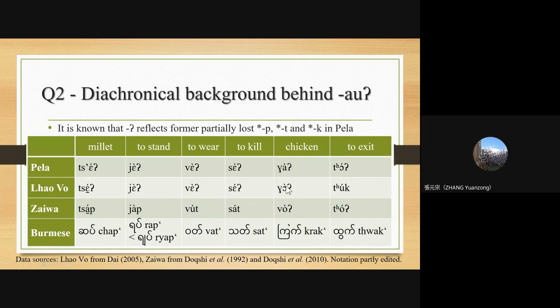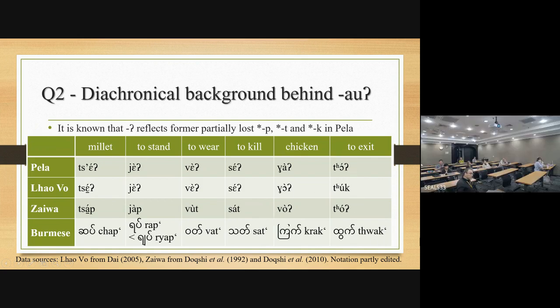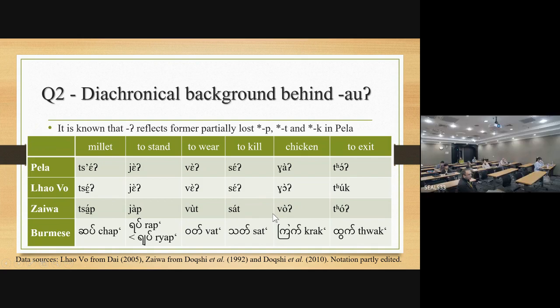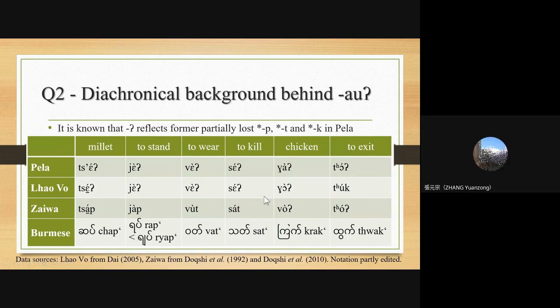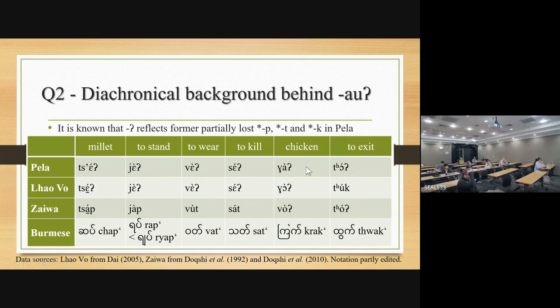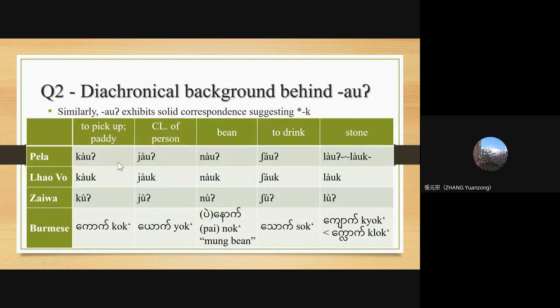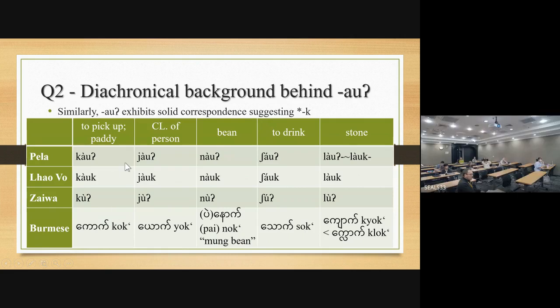So here we can say that owl might also be a changed form of a former auk. Let's see the comparison in Burmish languages.